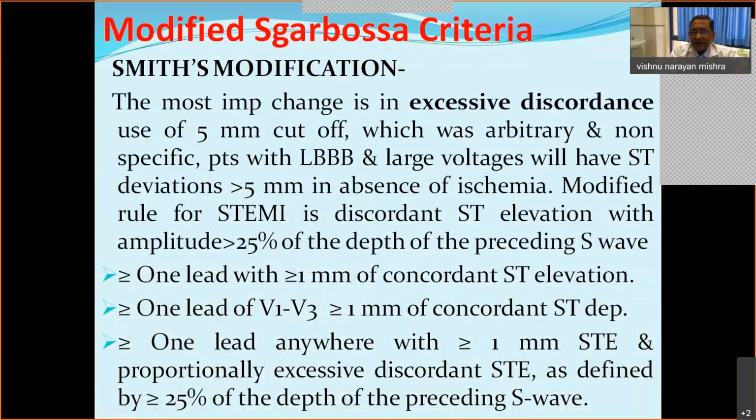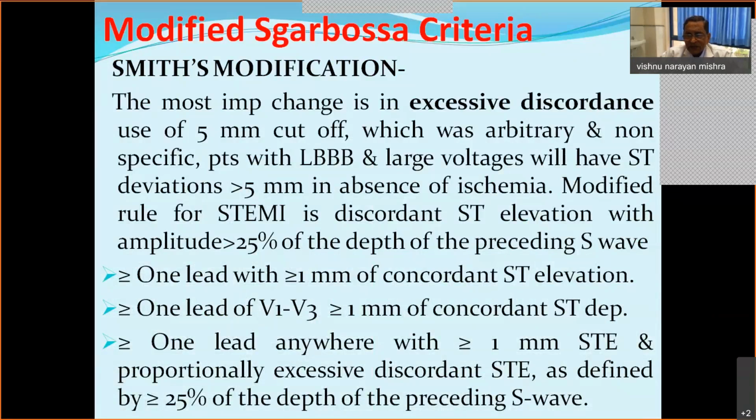Modified Sgarbossa criteria has been done by Smith. So there is Smith's modification, and what this modification says, the most important change is in the excessively discordant criterion: the 5 millimeter cutoff has been taken off by this Smith modification, which, according to Smith, was arbitrary and non-specific.